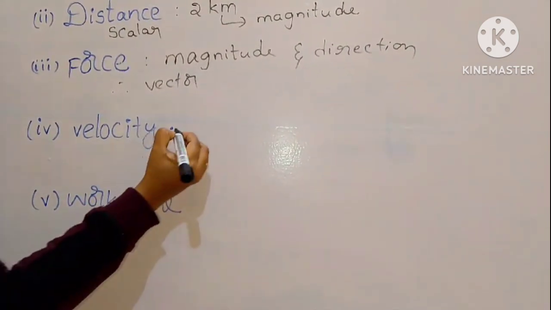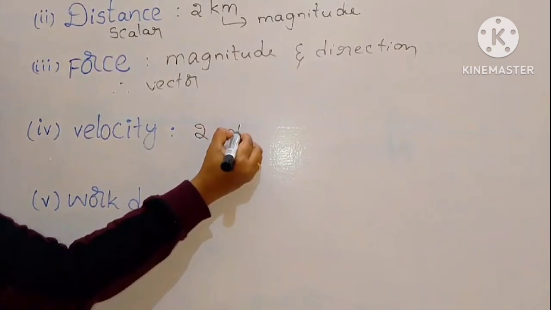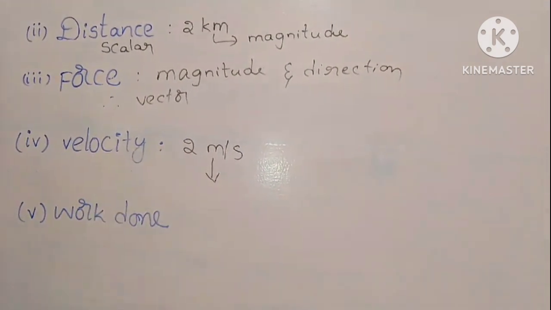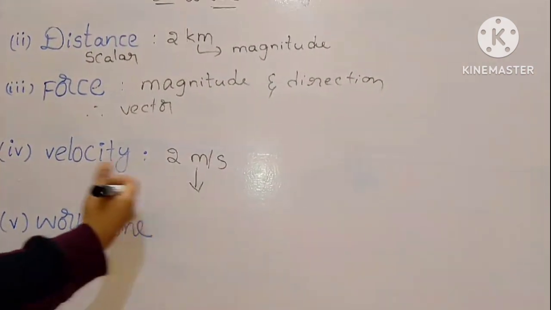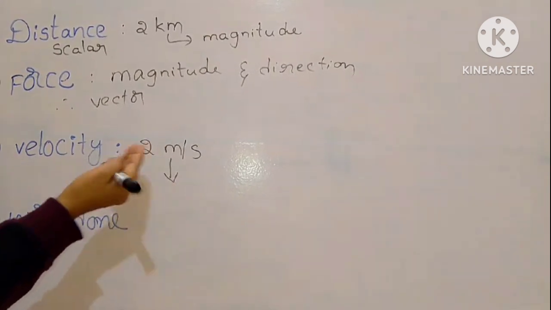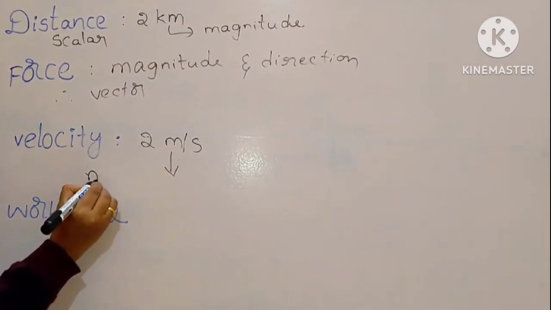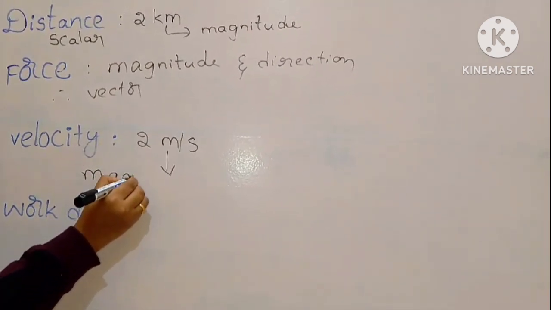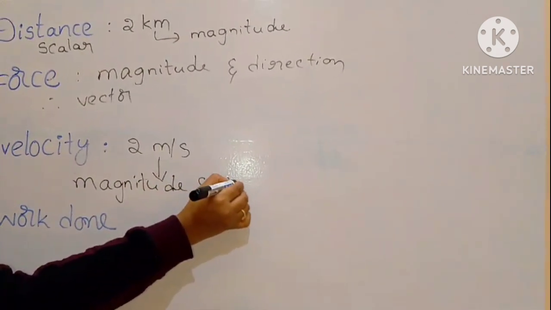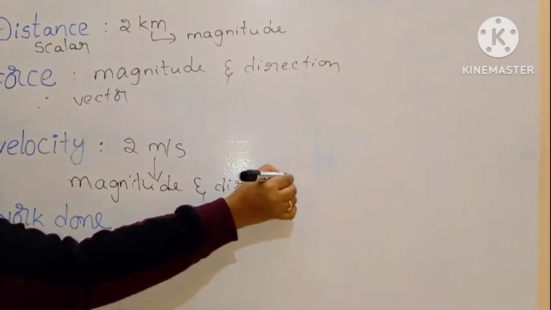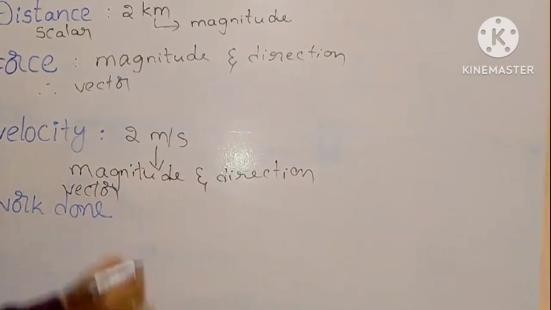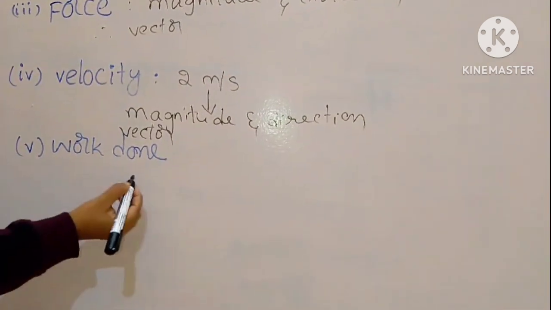For example, I am taking the velocity 2 meter per second. This meter represents magnitude and per second, it is moving. This moving means it has direction. So, it has both magnitude and direction. It is vector. Velocity is vector.